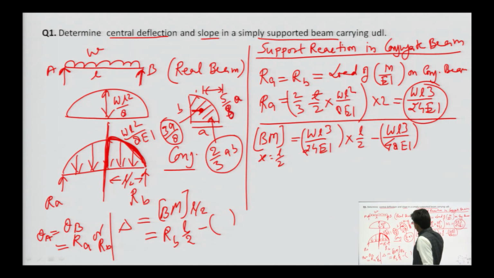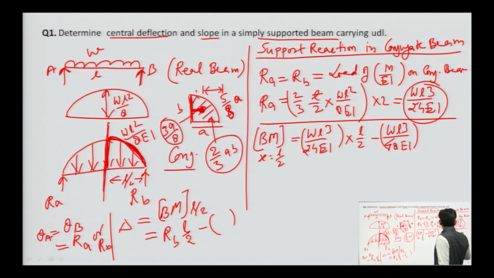Correct it. The distance of the CG of this shape from this vertical line will be 3a by 8, and the other will be 5a by 8, not 5a by 3. Correct it please.